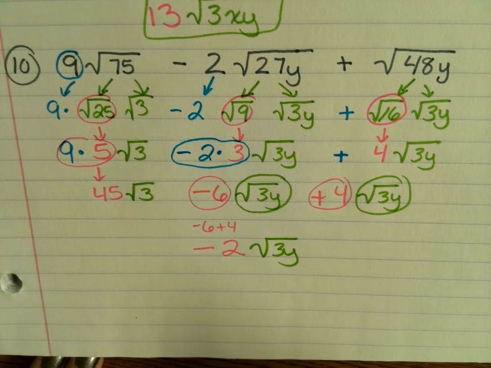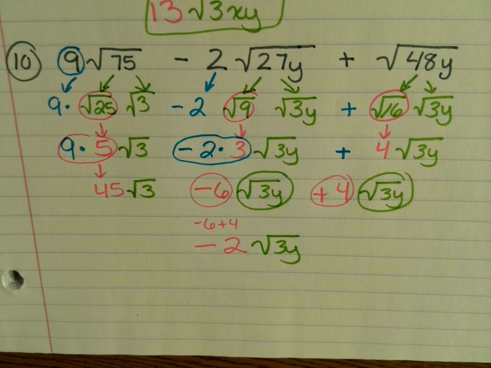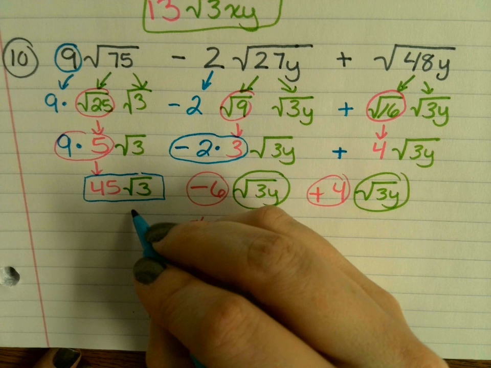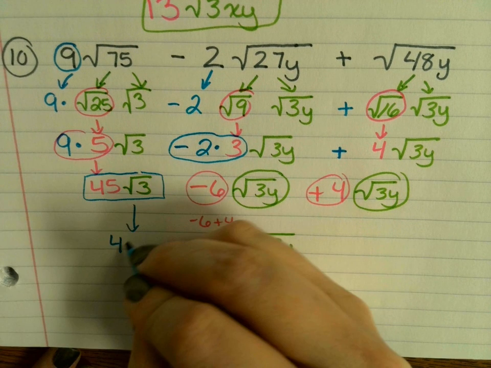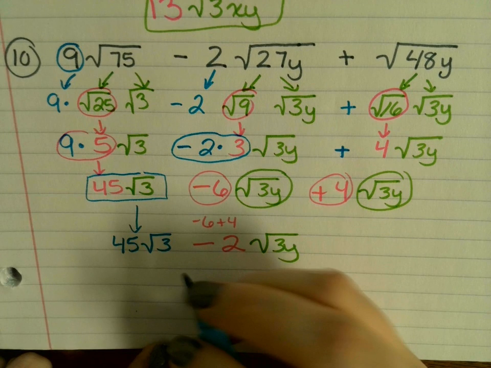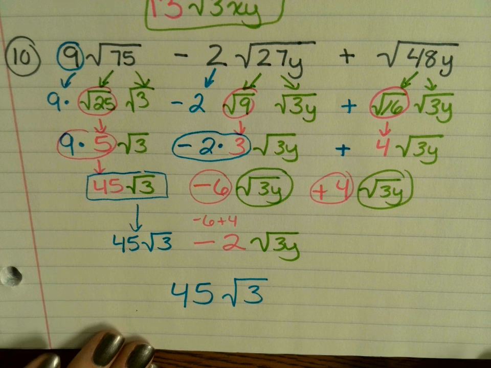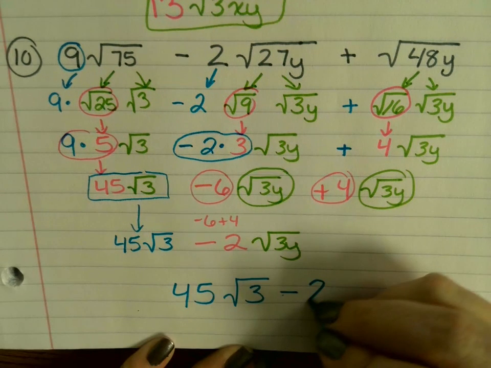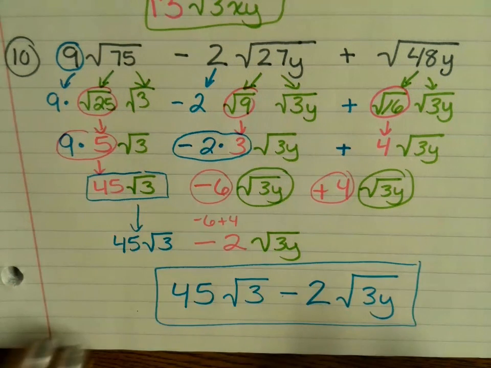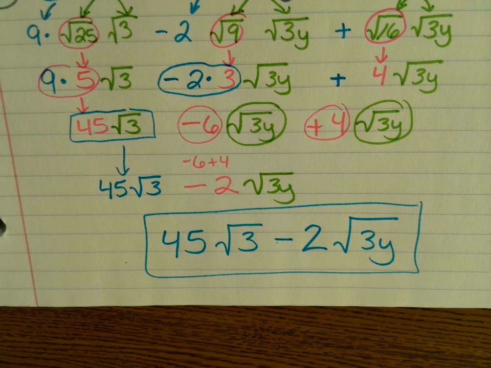That 45 square root of 3 is not a like term, so it just comes straight down as its own, 45 square root of 3. So here's your final answer. And I'll write it all in one color so it makes it easier to see. 45 square root of 3 minus 2 square root of 3y. And you're done. Okay? It's a lot of work, but it's not so bad.